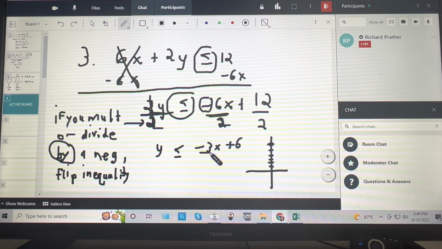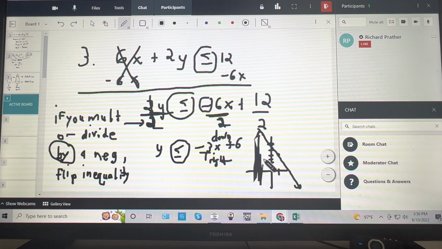And then I can put this over 1 and go down 3, 1 to the right. Down 3, 1 to the right. And it's a solid line because it's got the or equal to. And it's less than or equal to, so you shade downward.